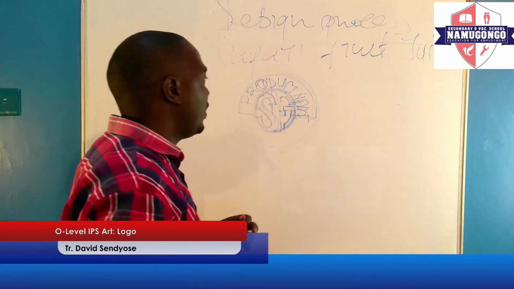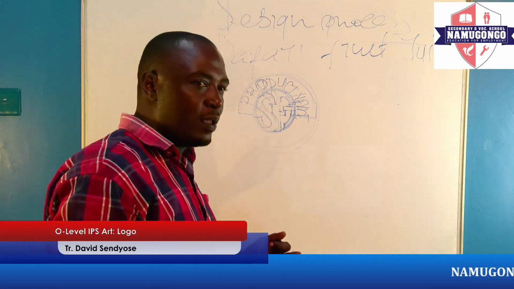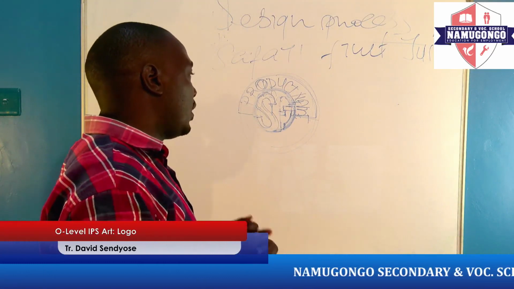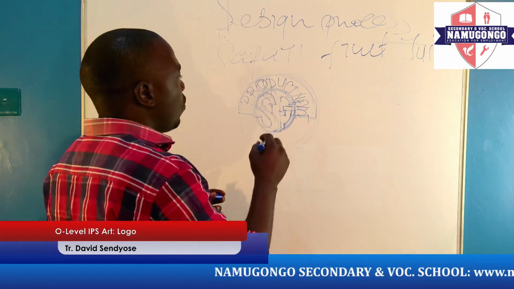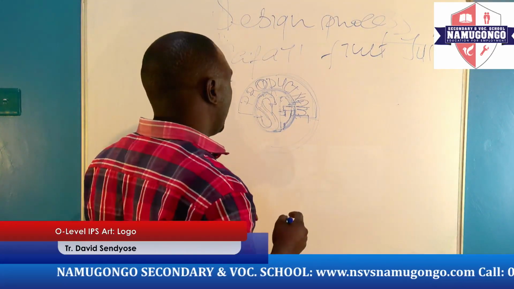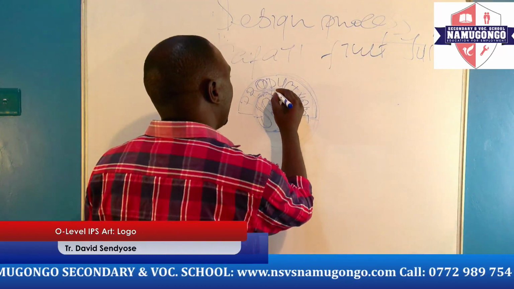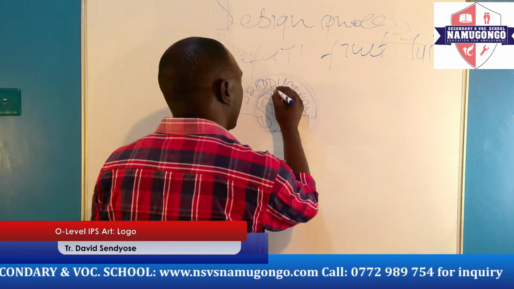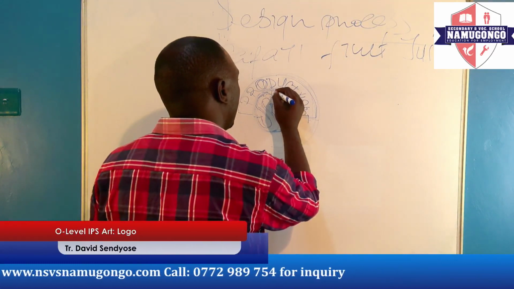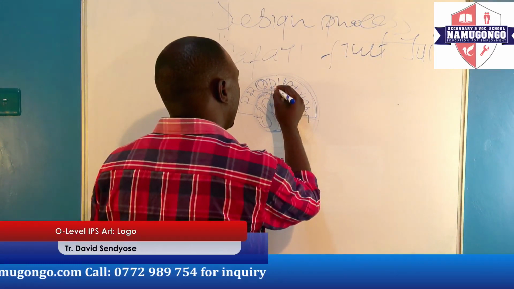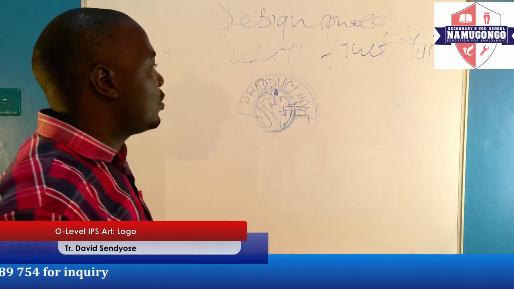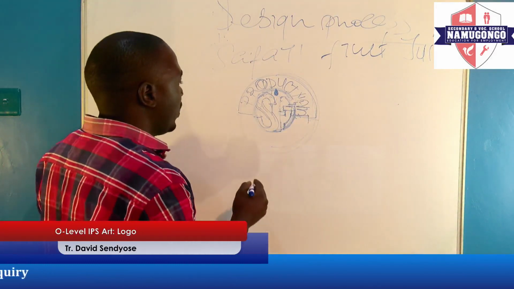But remember, we said that this is an emblem, and it's a combination of the three types. So what is missing here is what we call the icon. I can just get a drop of juice and then put it in the middle. And in case we are given a slogan, we can put the slogan.